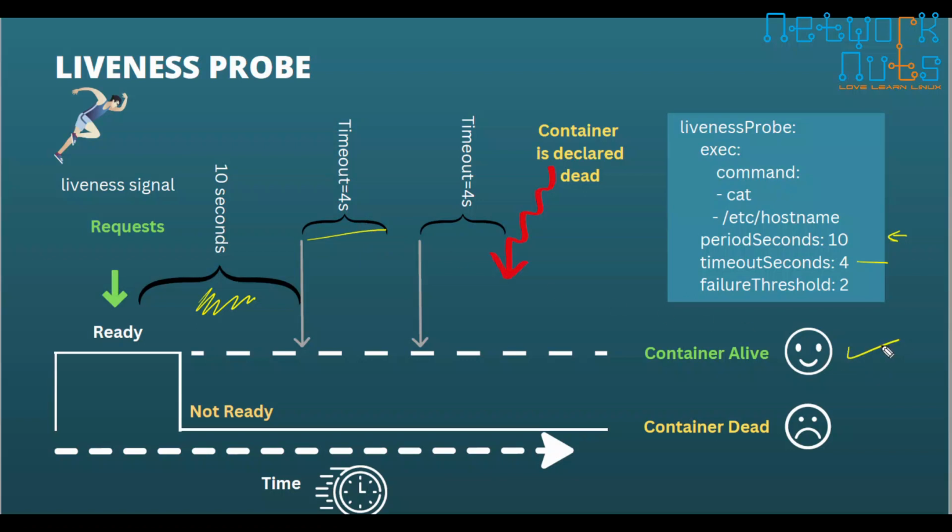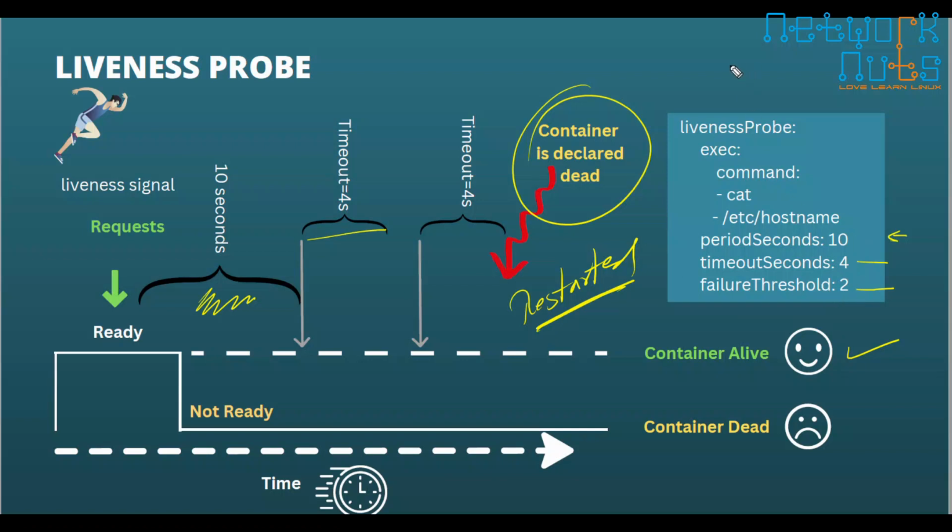Wonderful. But if there are 2 subsequent failures, in my case I have set 2 failures, then the container will be considered dead and the container here will be restarted automatically. So in my case, failure threshold is 2 and period seconds is 10.